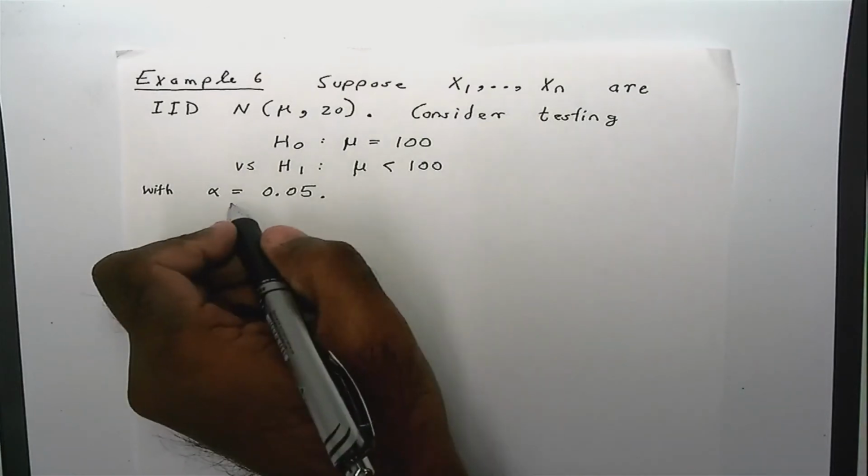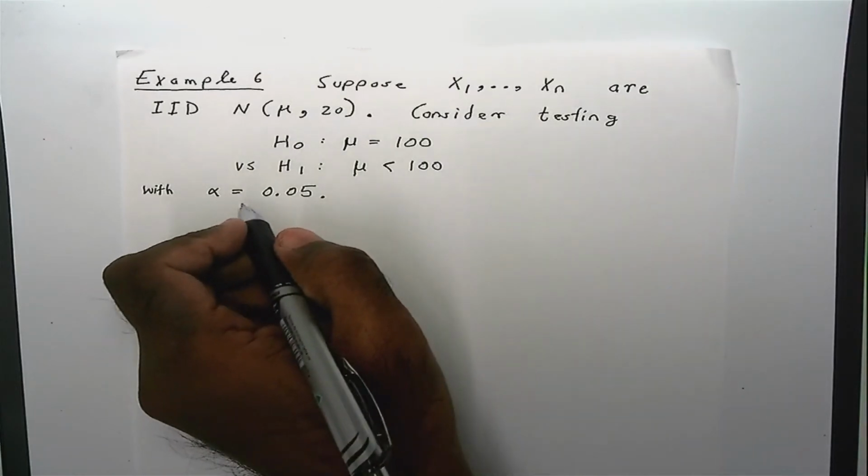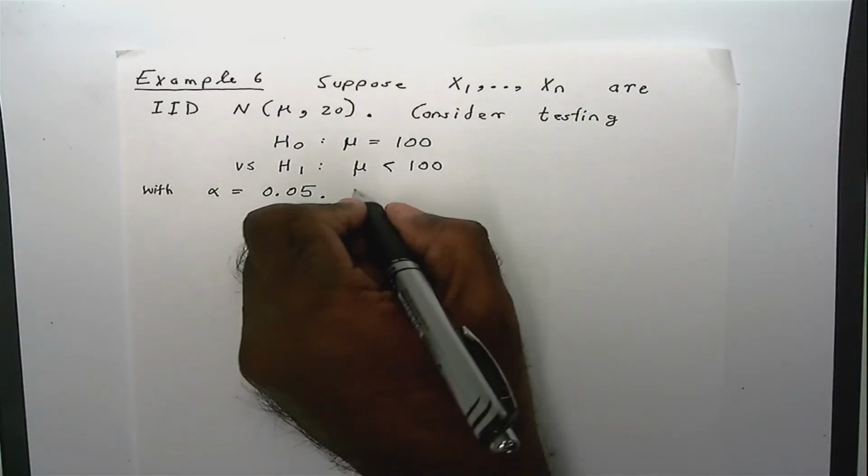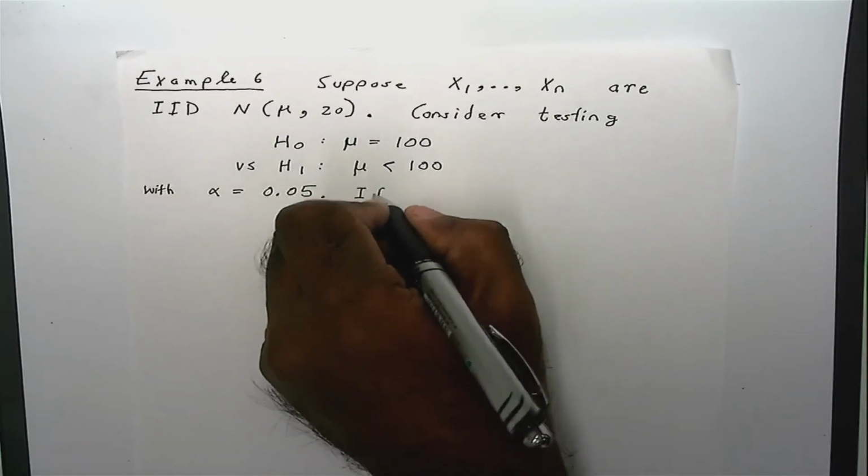Remember, alpha is the probability of type 1 error, also known as the significance level of a test.